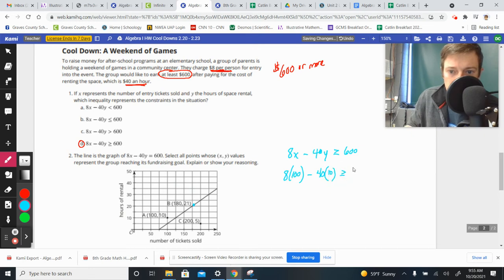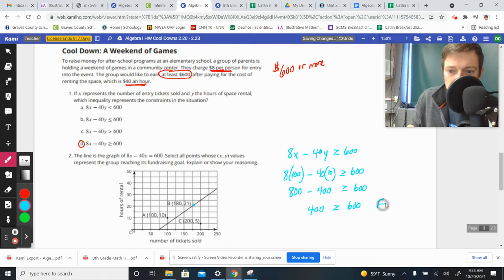And we're looking to see if that's raising more than $600. Well, yeah, because 800 from the tickets, right? But we have to take away the 400 that we're losing from the rental. It was looking good at the beginning, but taking away that 400 for renting, we're only actually going to raise $400, and this is false.